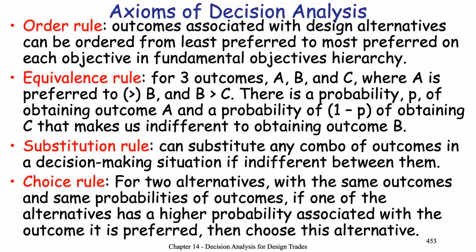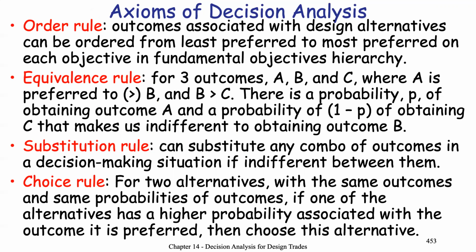In terms of axioms of decision analysis, there's the order rule, the equivalence rule, the substitution rule, and the choice rule. For the order rule, the outcomes associated with design alternatives can be ordered from least preferred to most preferred on each objective in the fundamental objective hierarchy.